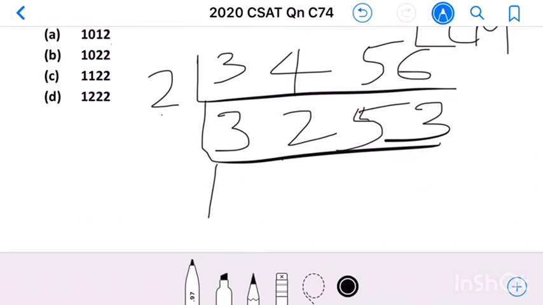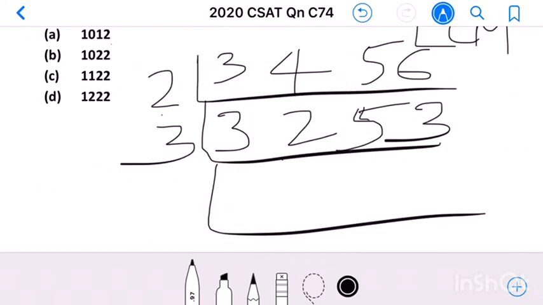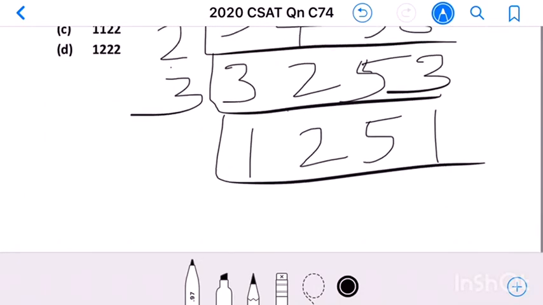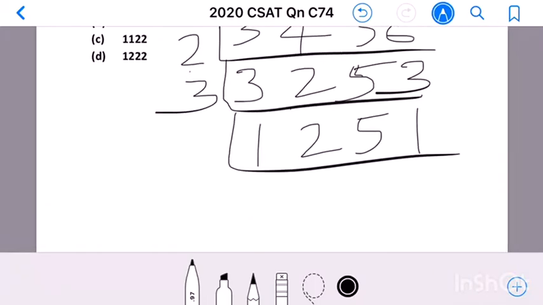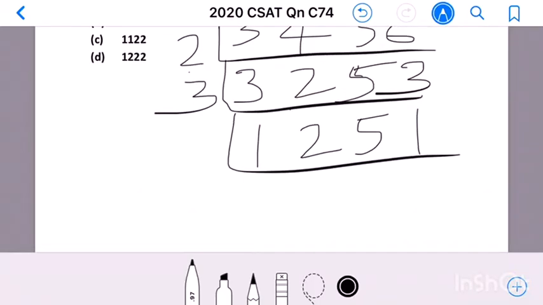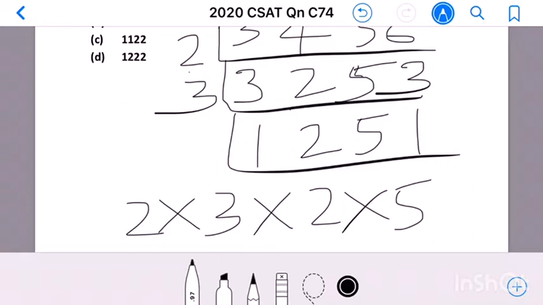Then here there are 2 3s, so do prime factorization by 3. Then all these are now prime. Then multiplying these values we get the LCM. 2 into 3 into 2 into 5, we get 60 as LCM.